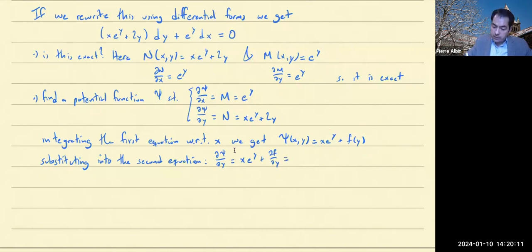On the other hand, we already know that the derivative of psi with respect to y is x e to the y plus 2y. And comparing these, we see that the derivative of f with respect to y is 2y. So f of y is equal to y squared plus some constant.